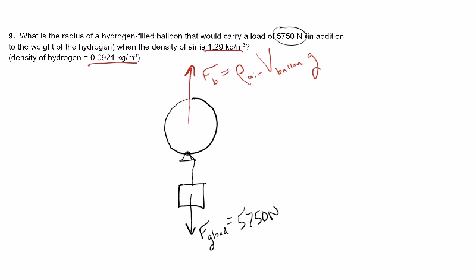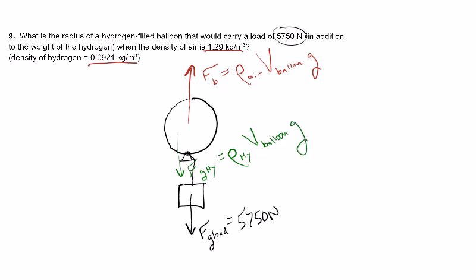So for this one, just to make it easier, I'm going to say another downward force is the weight of the hydrogen, the force of gravity of the hydrogen. That could be equal to the mass of the hydrogen times gravity, but I'm going to write it as the density of the hydrogen times the volume of the balloon, the entire balloon, times gravity.